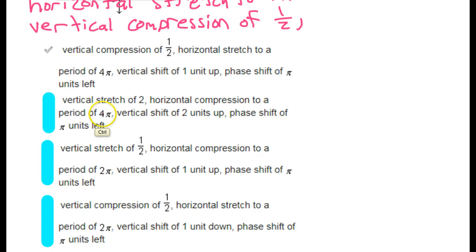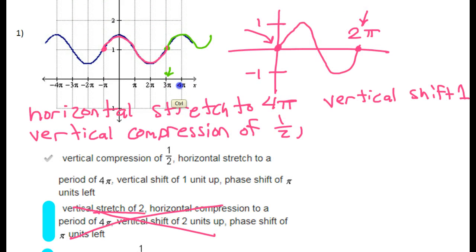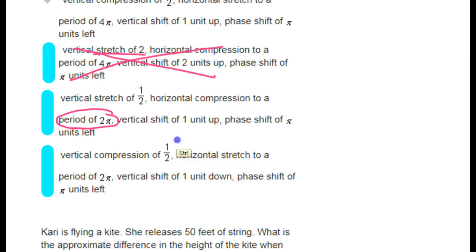Now, we got lucky there, but notice that even without the phase shift, we still would know that this was the answer. This one says a vertical stretch of 2, but it was a compression, so we would have known this was not the answer. This one says a period of 2 pi. Well, clearly the period is 4 pi, so we would know that that was not the answer.